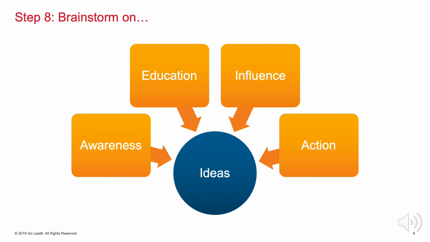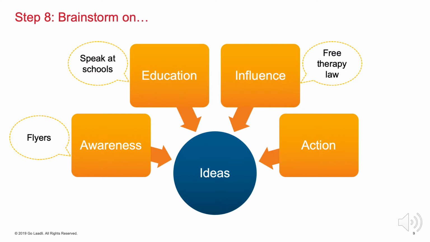So here are some examples for the problem of teen depression in each of those areas. You could create a presentation and either give it yourself or get an expert to come speak at local schools about teen depression. You could create a flyer and post it around the schools or neighborhoods.